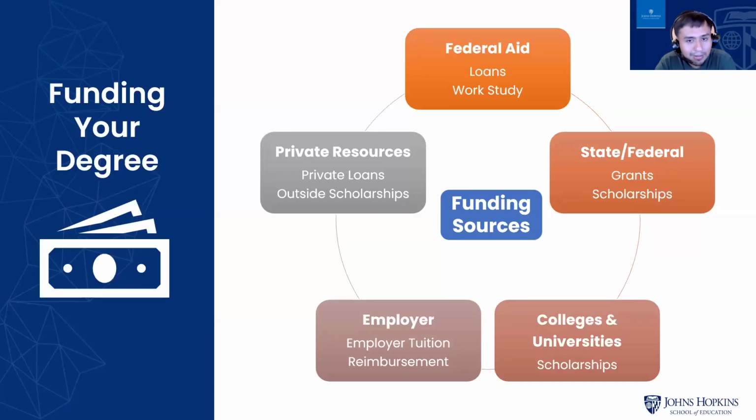The other piece I want to share, based on experience with this program, since it tends to attract working professionals, is that you always want to check with your employer for any type of employer tuition reimbursement that you may be eligible for in terms of pursuing or advancing your education. And then obviously there are also private resources, private loans, and outside scholarships.